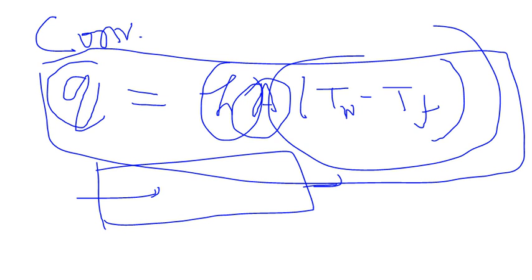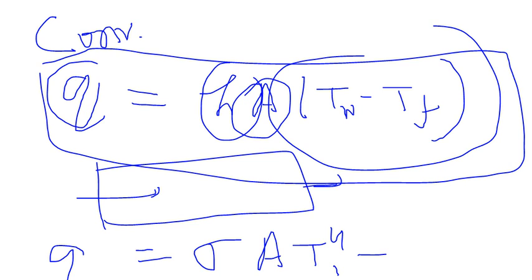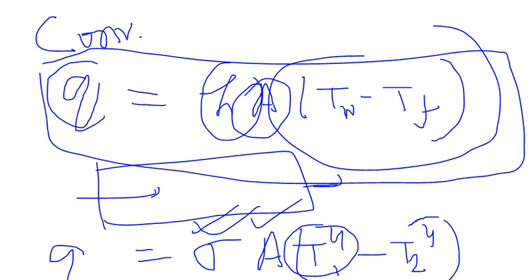Okay, next, if heat is transferred by the help of radiation, the formula is Q is equal to sigma A (T1 to the power 4 minus T2 to the power 4). Here Q is the heat transfer, sigma is the Stefan-Boltzmann constant, A is the area, T1 is the source temperature and T2 is the sink temperature.